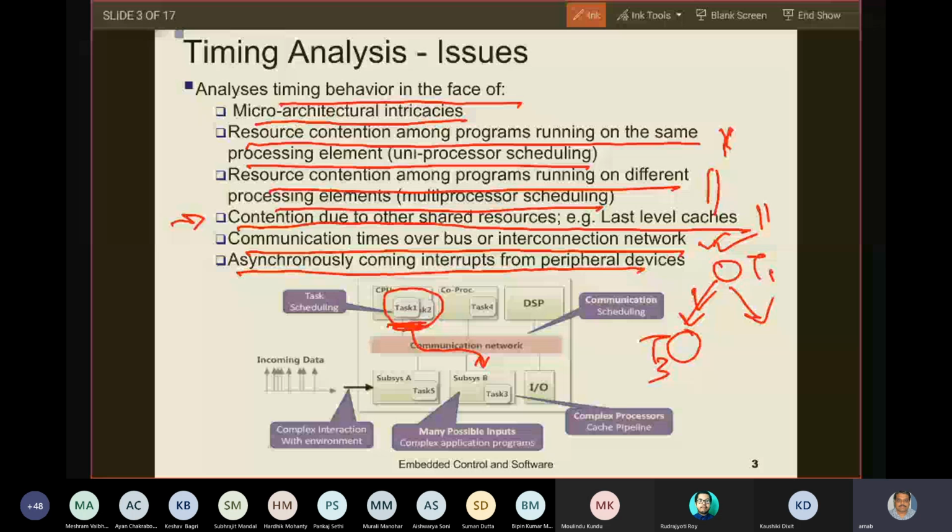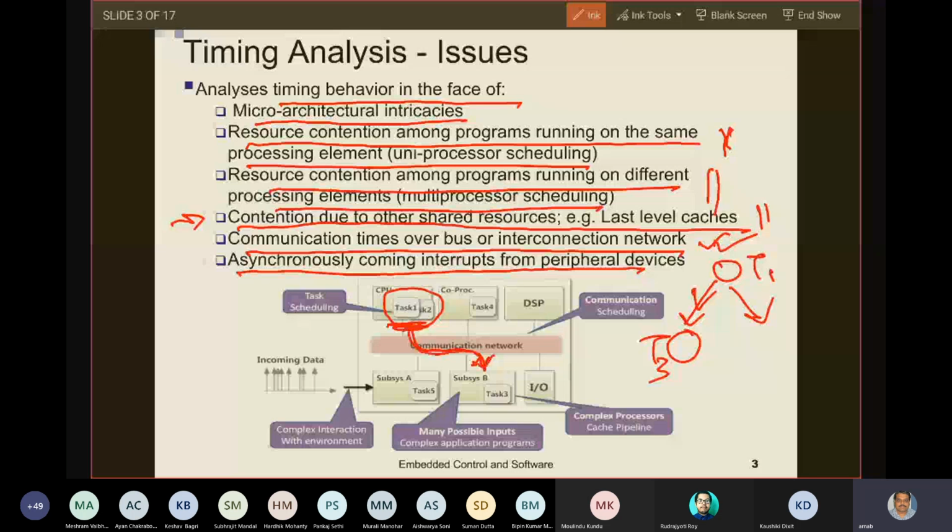Why? Because these tasks, I have said that these are precedence constraint tasks, and let us say task 1 is communicating data to task 3. For example, here task 1 is communicating data to task 3. Because task 1 and task 3 are on different processors, you will have to communicate this data over the bus.